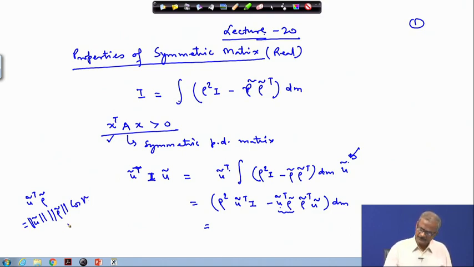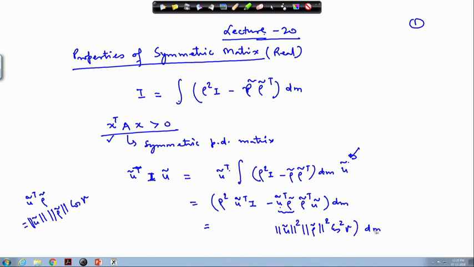And therefore, the right hand side can be written as u tilde magnitude square times rho tilde magnitude square times cos square gamma, times d m, and this rho tilde magnitude is nothing but rho.